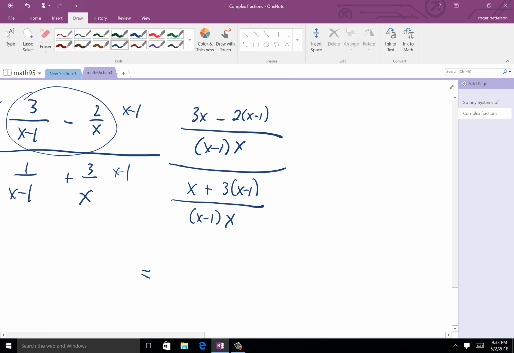So I got 3x, so I'm going to distribute that inside. Alright, so it's going to give me 3x minus 2x plus 2 over x minus 1 times x, right, flip, x minus 1 times x. So I'm going to get 3x here minus 3.